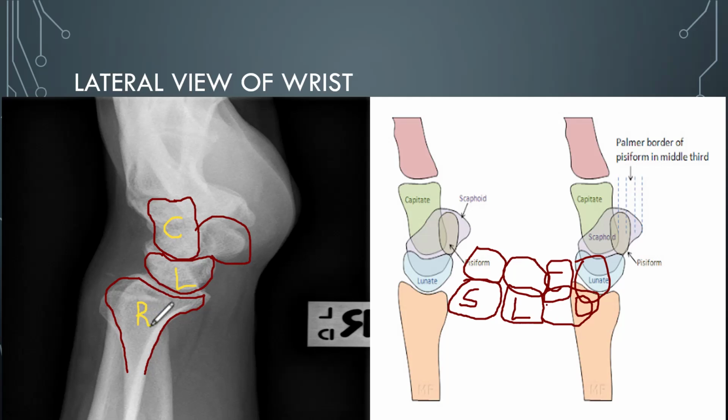Okay. So I hope that makes sense to everybody. So even though anteriorly, this is what you are seeing, and even anteriorly, the scaphoid and the lunate are probably your most important bones. Laterally, your important bones are your capitate, your lunate, and the top of your radius.